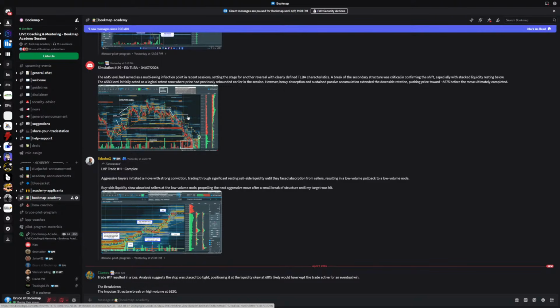I think your superpower is being able to look at bigger picture structures, understand them really well, and be patient. You're waiting for it to work out, and just when it works out, then you get in.